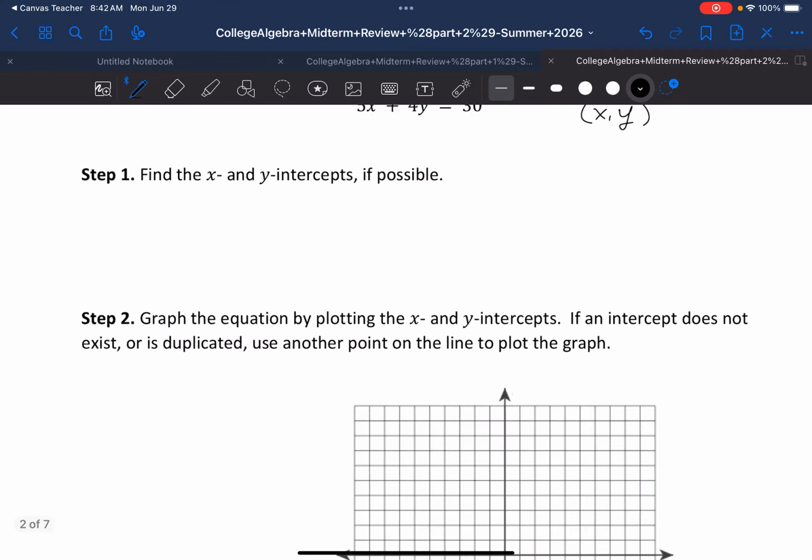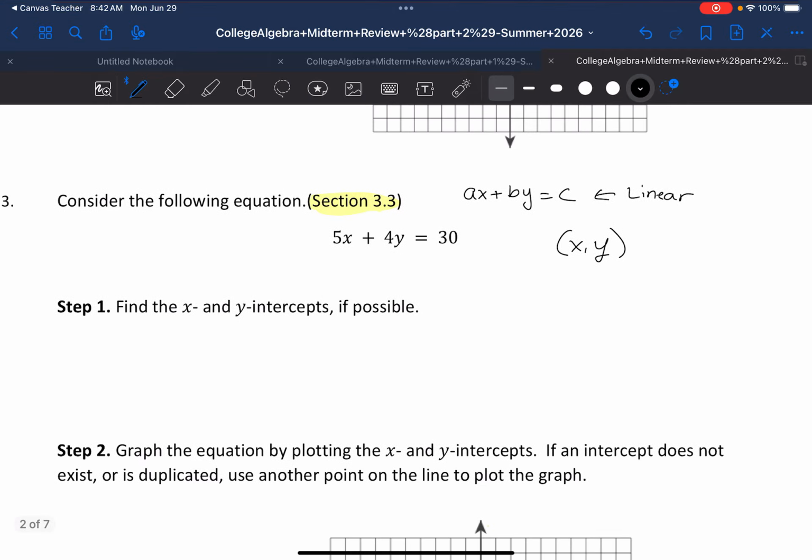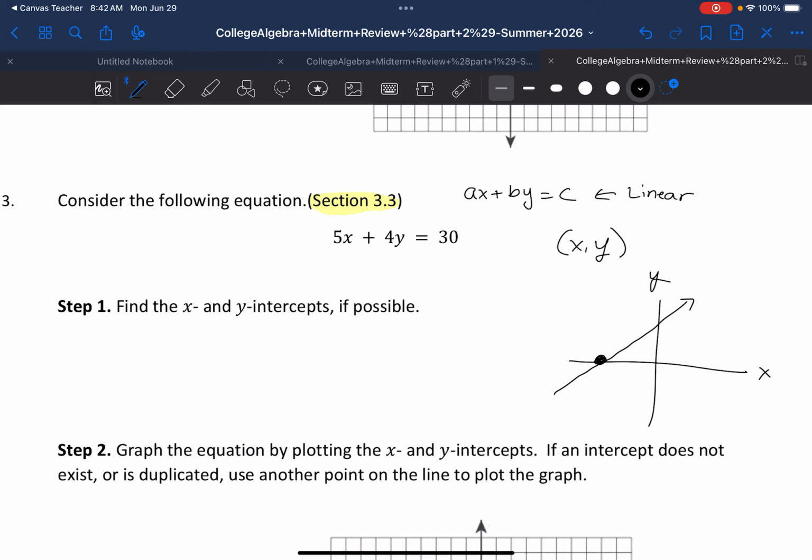Now, if you have a line, let me just draw a picture real quick. You have an x-axis and your y-axis. The x-intercept is where a line crosses the x-axis, say like here. This is an x-intercept, the point where that line crosses the x-axis.